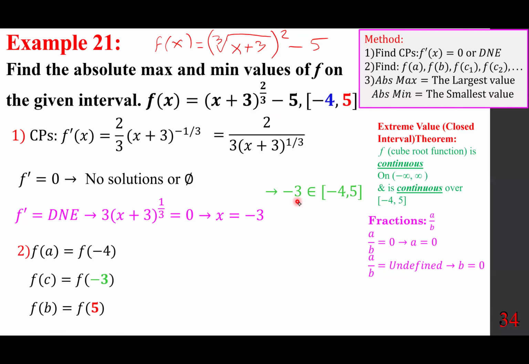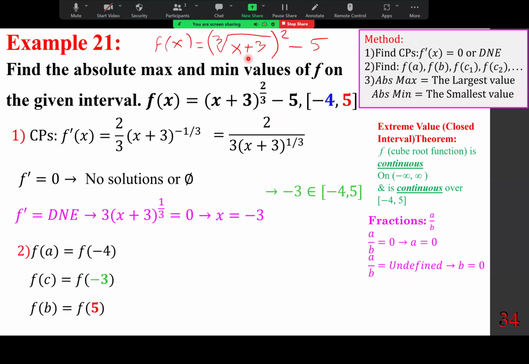So let's see what happens if we want to evaluate it. And it's easier if we just use this one. So if I put -4 here, I get the cube root of -1, squared, minus 5.